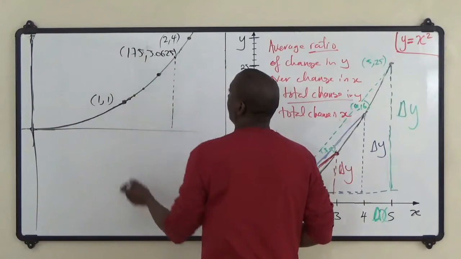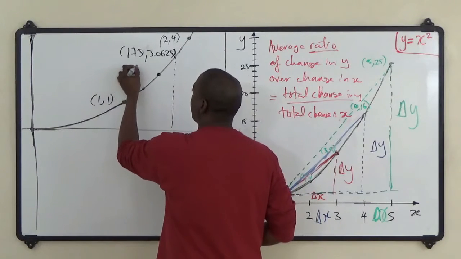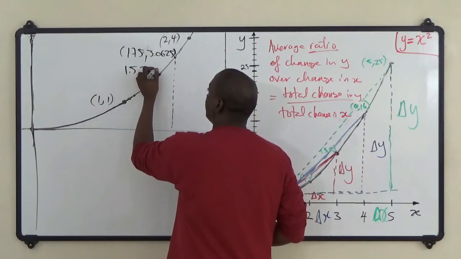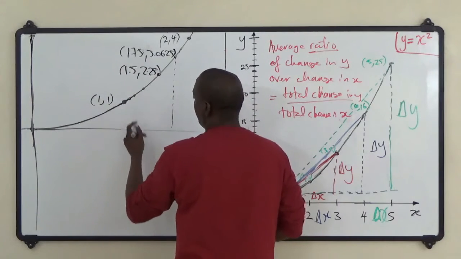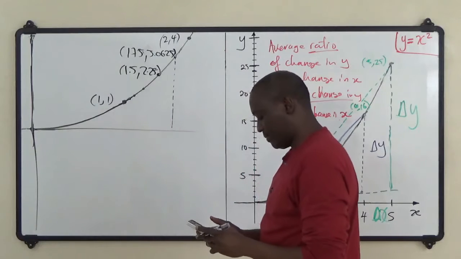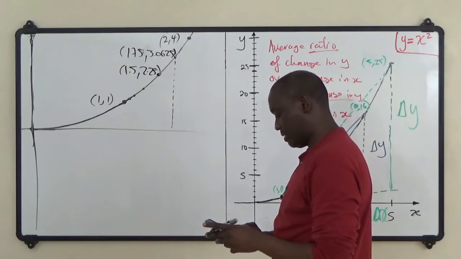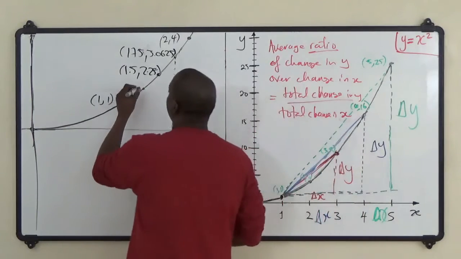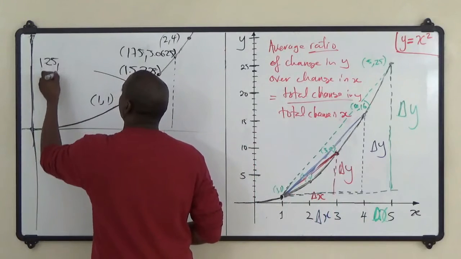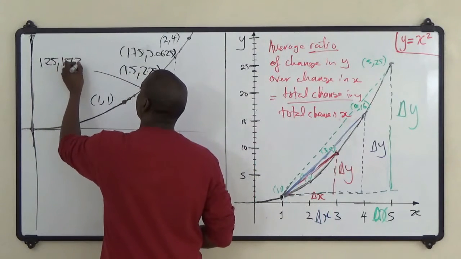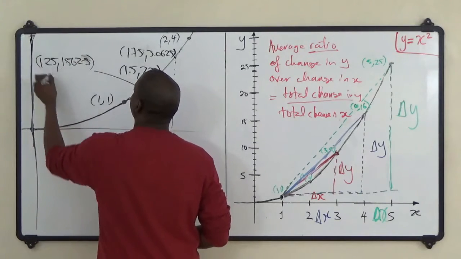And what's this point here? 1.5. The square of 1.5 is 2.25. So 1.5, 2.25. This point here is 1.25. What's the square of 1.25? 1.25 squared is equal to 1.5625. So this here is the point 1.25, 1.5625.